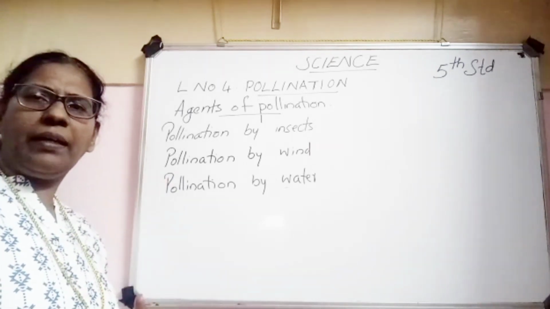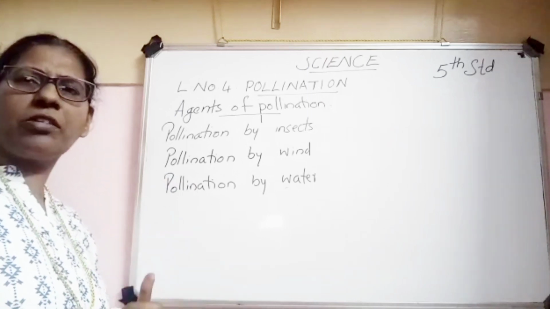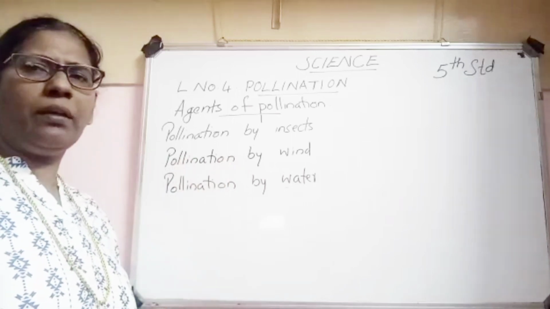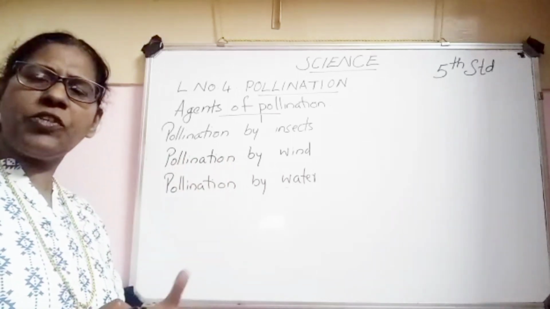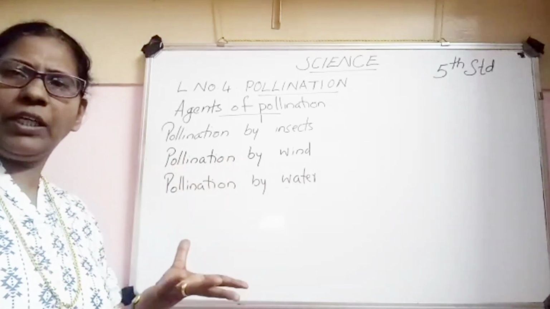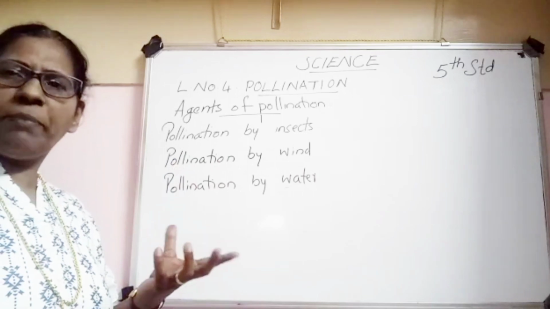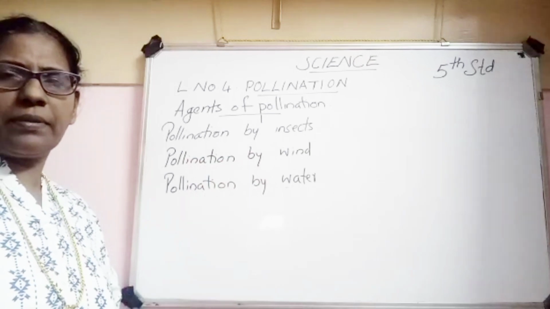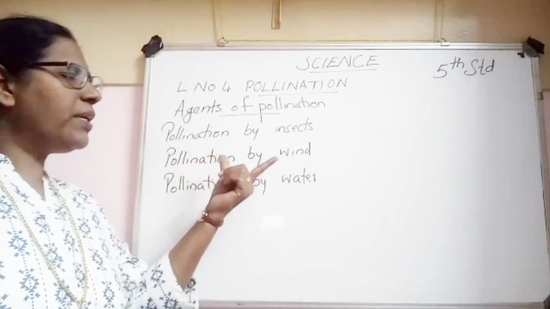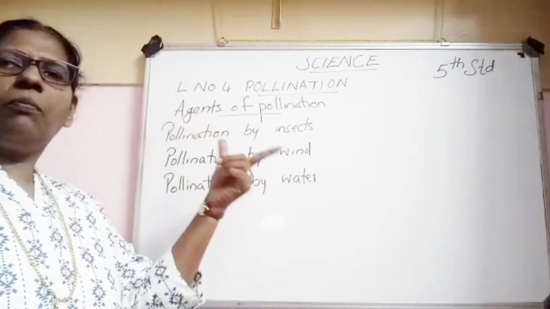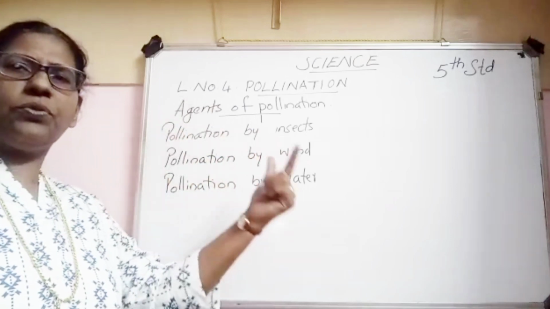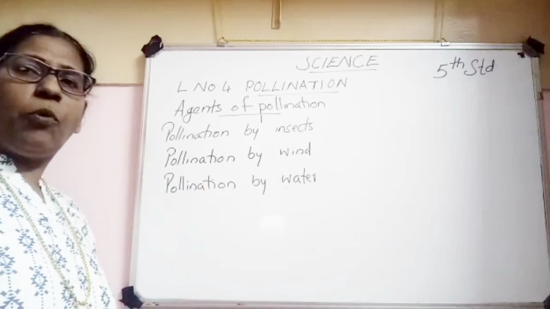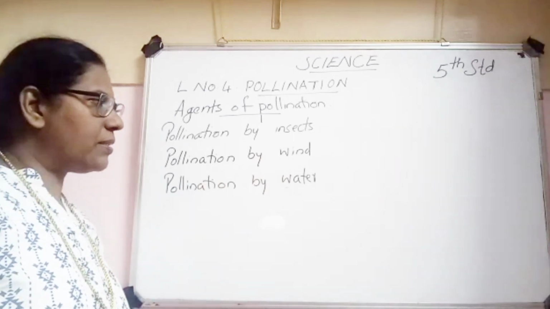It should be dry, not wet or sticky. In pollination by wind, the pollen grains should be dry, lightweight, not sticky, and many in number, so that wind can carry them and the pollen grains can go to the other flower's stigma, and then pollination can take place.